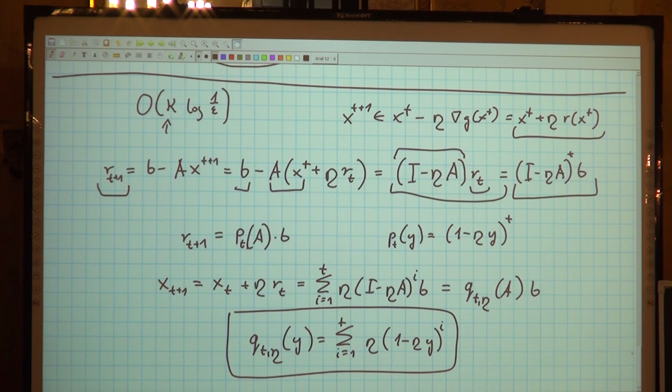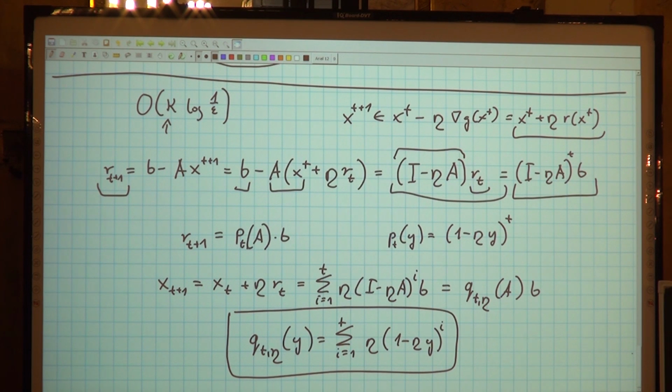All I really said here is that the way my algorithm gets its t-th solution is by taking this polynomial in the matrix A and applying it to the initial vector b. That's all that I said so far.